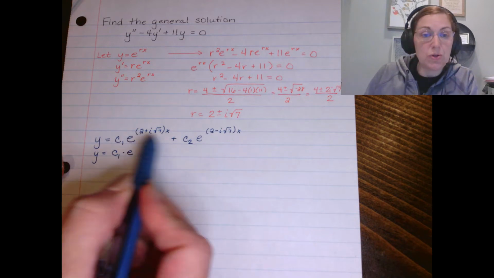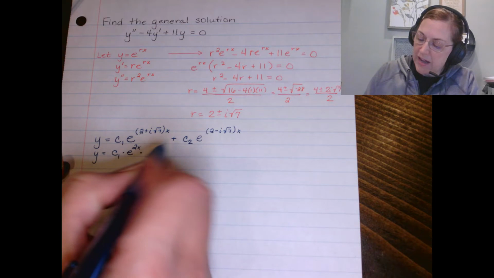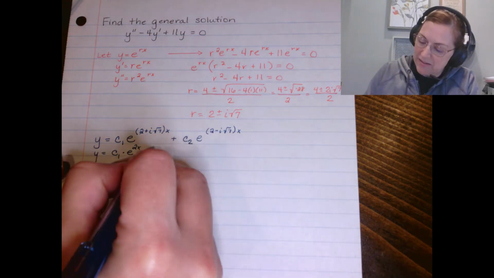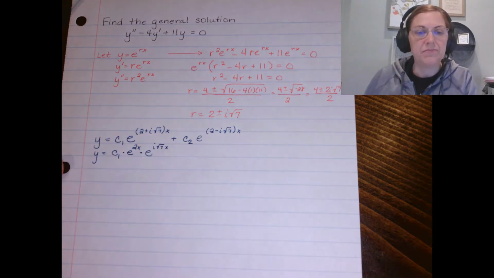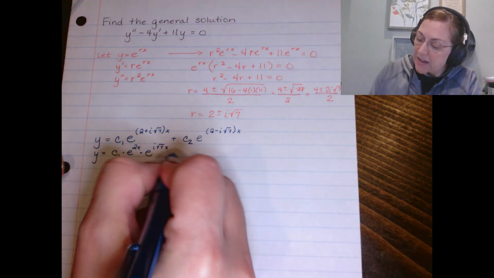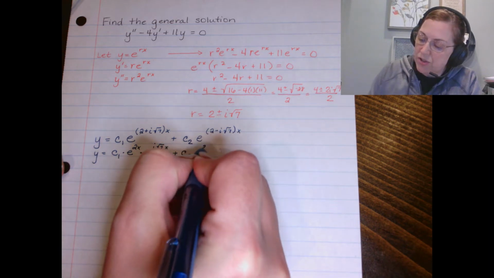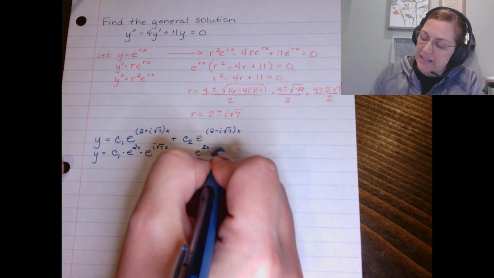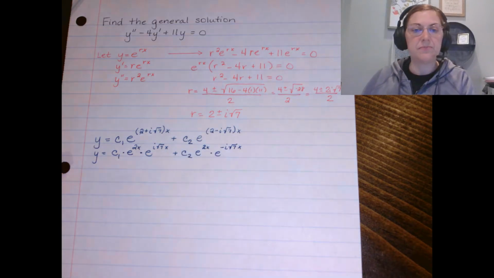So we'd have e to the 2x times e to the i square root of 7 x. And then I would have the same thing over here: e to the 2x times e to the negative i square root of 7 x.